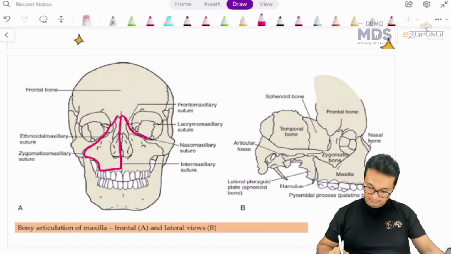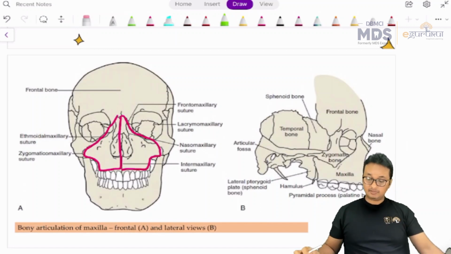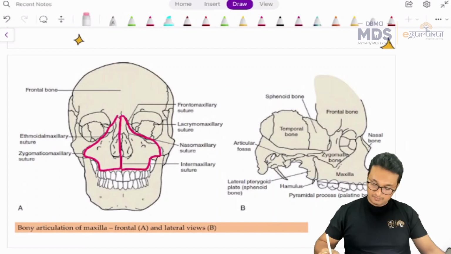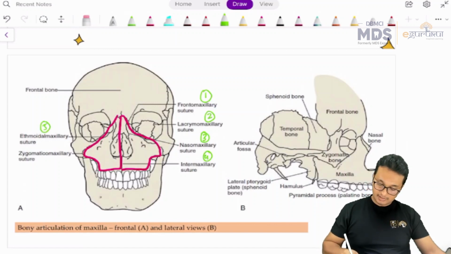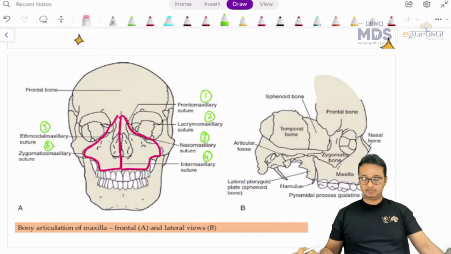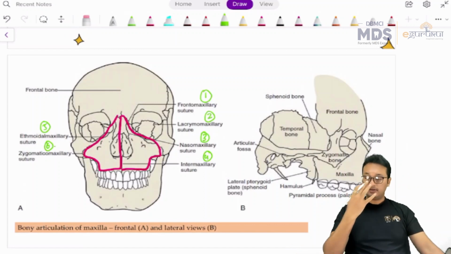This is the other half of the maxilla. As you can see, there are so many sutures attaching the maxilla together. We have the frontomaxillary suture, lacrimomaxillary suture, nasomaxillary suture, intermaxillary suture, ethmoidomaxillary suture, and zygomaticomaxillary sutures, right? So there are so many sutures from the frontal aspect.